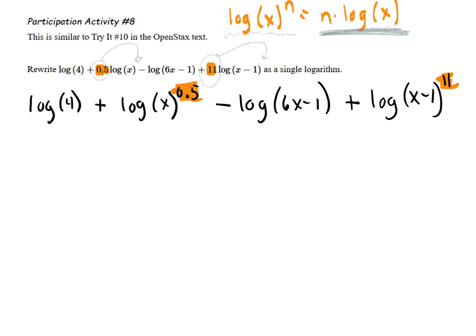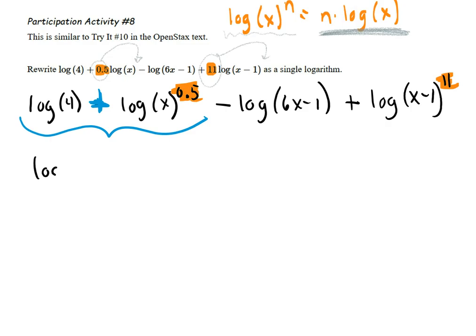Now, here we go again. I'm just going to go from left to right, and I don't remember what colors I used before. On this pair, you've got an addition, so that means you multiply them.